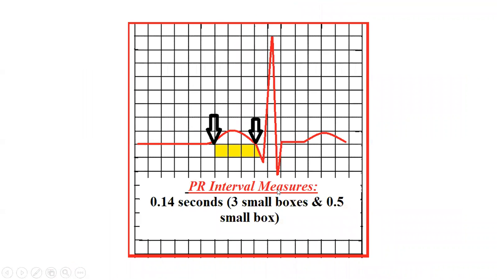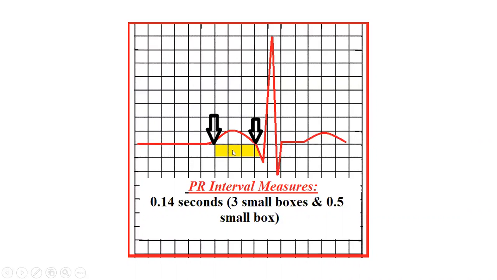When we're looking at AV blocks, we're looking at that PR interval. Here's how you measure it. You start at the beginning of the P and measure all the way over to the beginning of your QRS complex. Remember each one of these little boxes is 0.04 seconds.